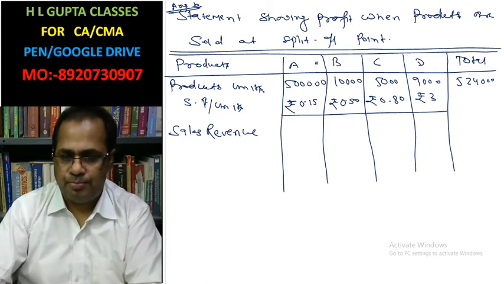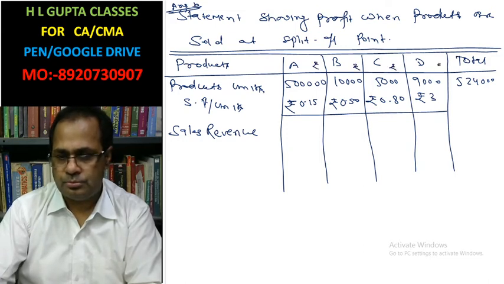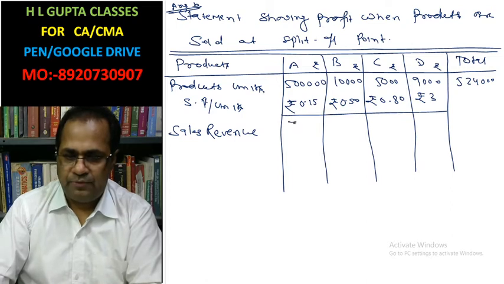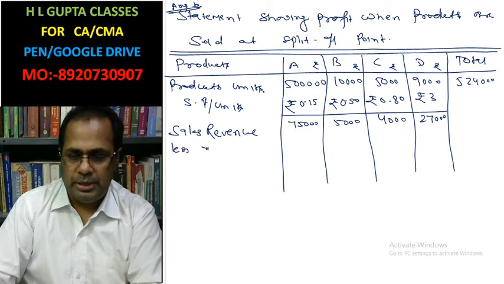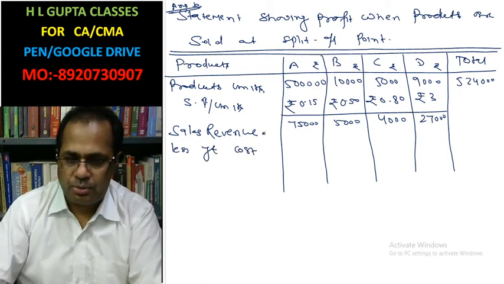In rupees, 75,000. This is 5,000. This is 4,000. This is 27,000. Less joint cost. Joint cost we have calculated.